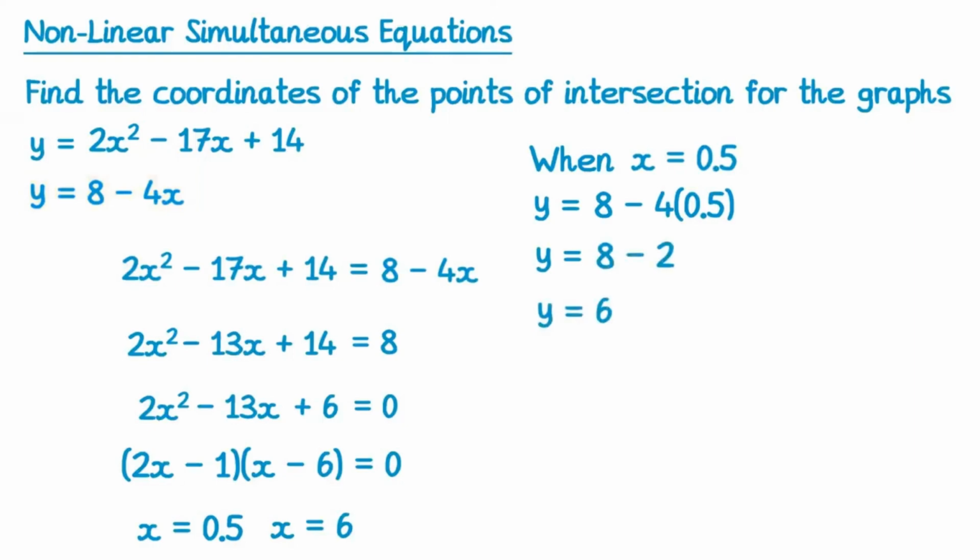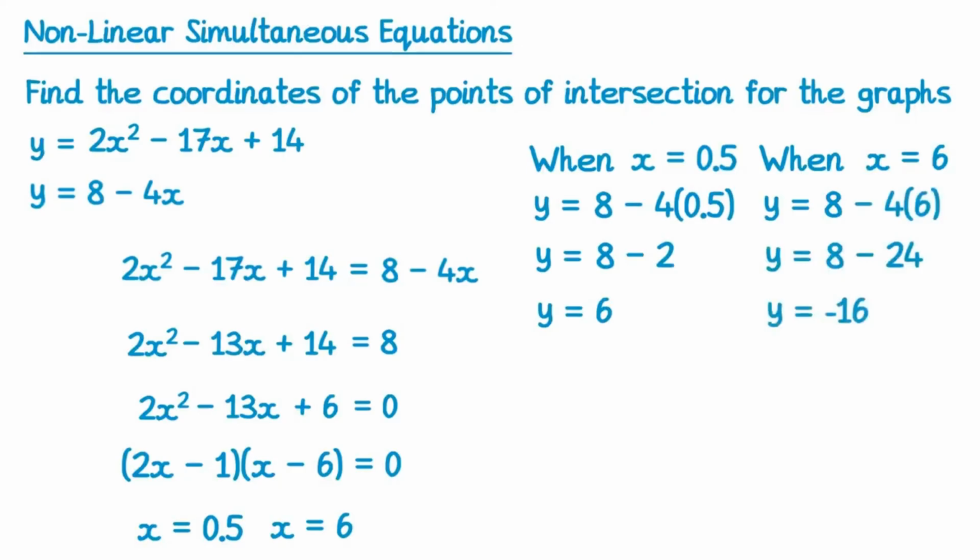So when x equals 0.5, y will be 6. Now we do this with our second solution when x was equal to 6. So when x equals 6, y is going to equal 8 take away 4 lots of 6, which is 8 take away 24, and 8 take away 24 is negative 16. So when x equals 6, y equals negative 16.